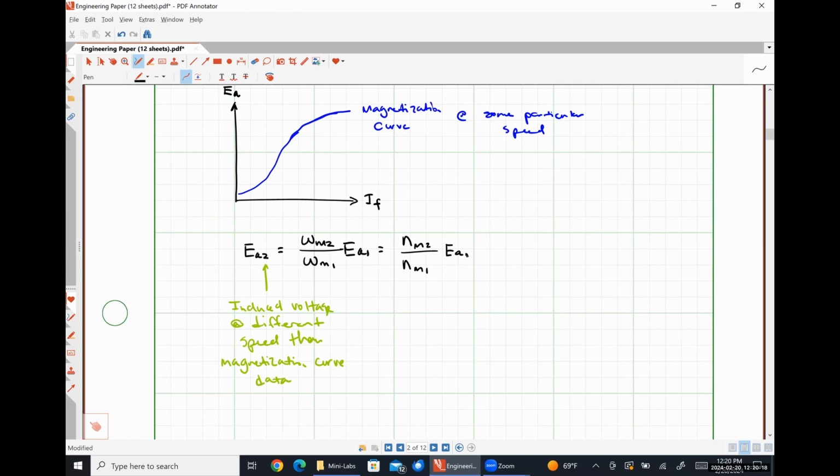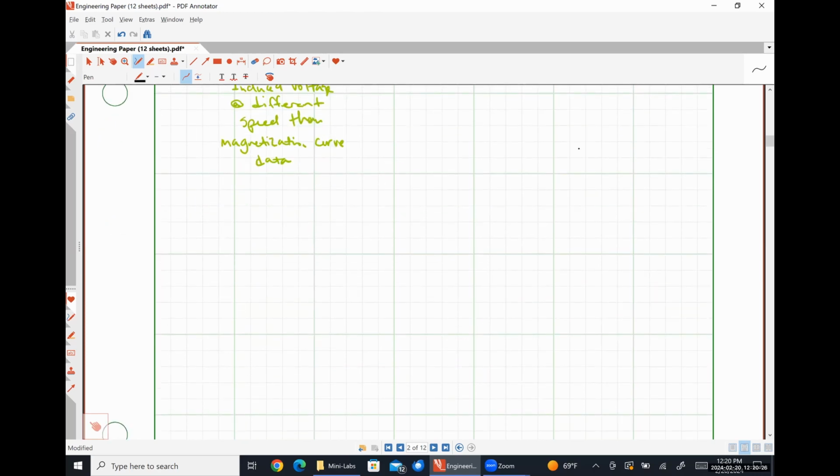All right, so one of the last topics that I want to talk about is how we classify DC machines. So effectively, this boils down to the fact that the field circuit and the armature circuit of a DC machine can be connected in several different ways in order to produce different operating characteristics.